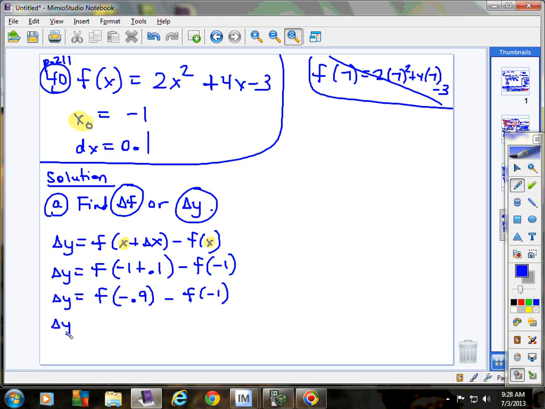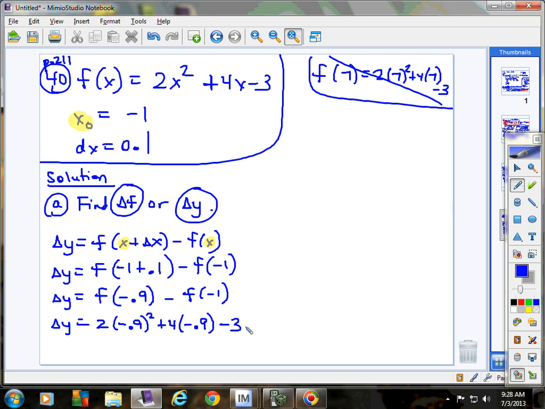So delta y is going to equal 2 times -0.9 squared plus 4 times -0.9 minus 3. Don't forget it, right? It's part of f of x. So you've got to bring it down even though you're not multiplying it by -0.9.